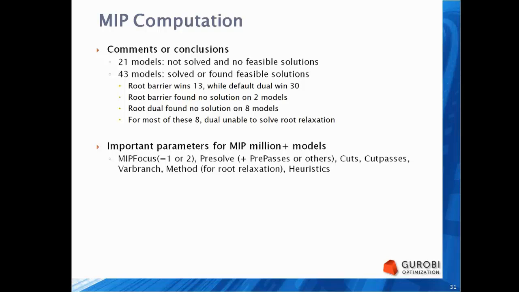Now let's go back. For root barrier, it found no solution on only 2 models, but root dual found no solution on 8 models. And for most of these 8 models, dual is unable to solve the root relaxation. So still for many models, you need barrier to solve the root relaxation.